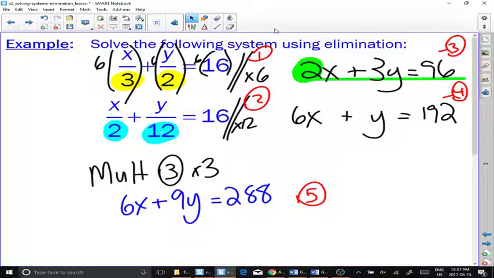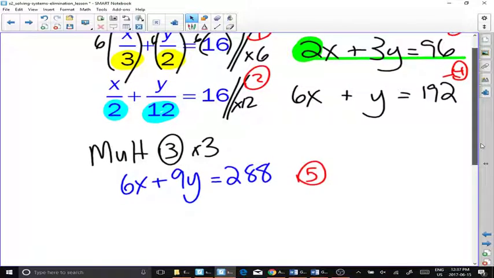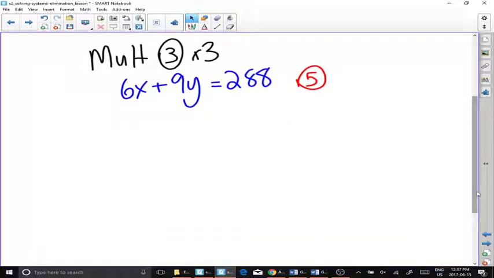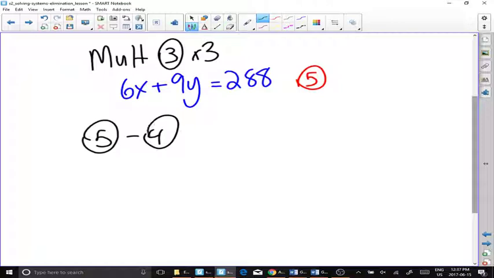Well, the thing of it is that equation 5 and 4 both have the same number in front of x, so we can subtract them. And everything else in equation 5 is bigger, so it makes sense to go equation 5 minus equation 4. So that's 6x plus 9y equals 288.